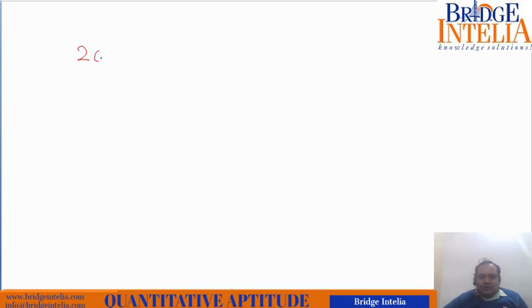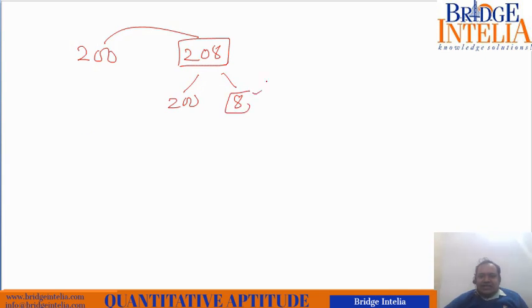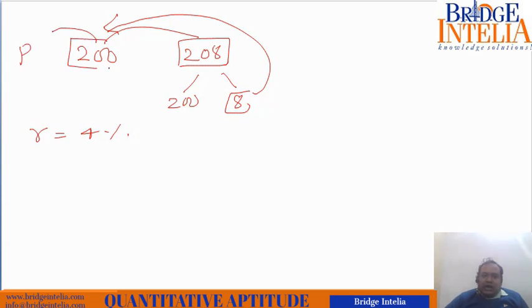So you had two numbers, 200 and 208. I thought that 8 is the interest generated from previous year's interest. So 8 is what percent of 200? The rate came out to be equal to 4%. Now this 200 is 4% of something.